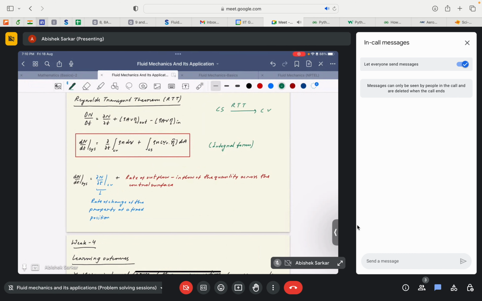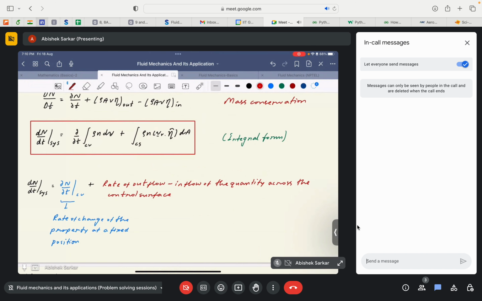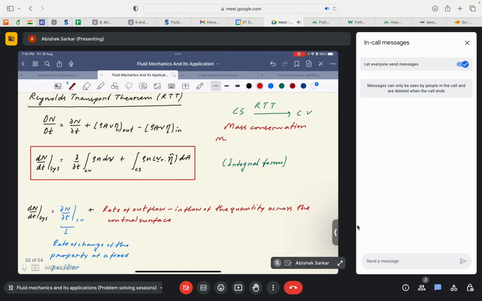Any concept or any problem can be approached by understanding these three conservation laws: mass conservation, momentum conservation, and by momentum I mean both linear and angular momentum, and the energy conservation.